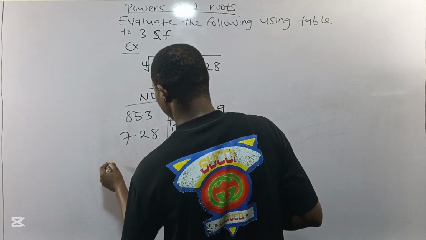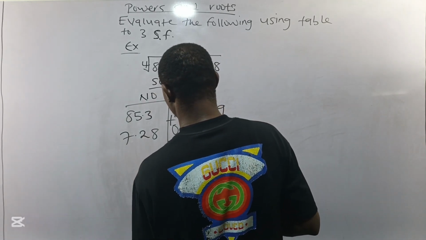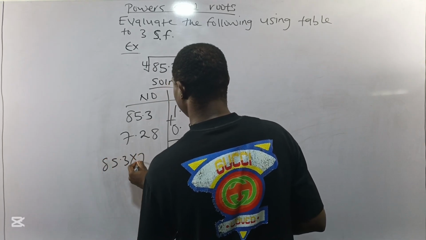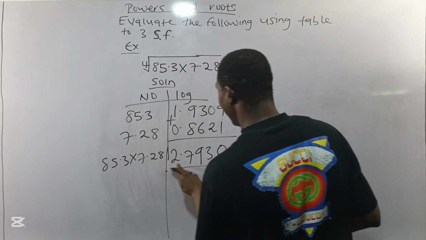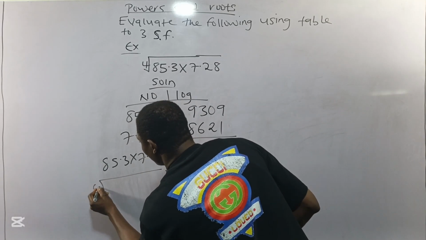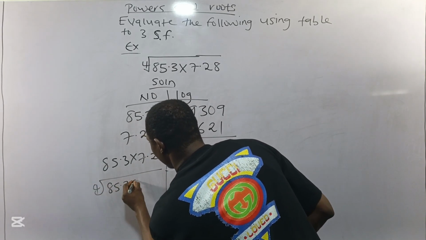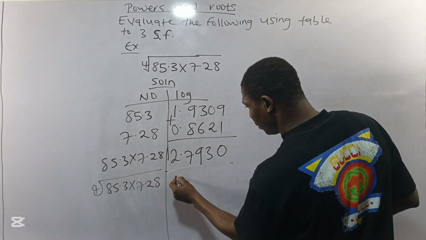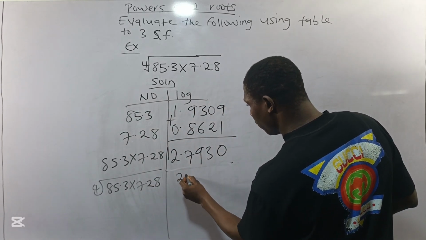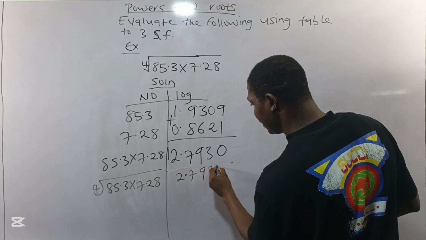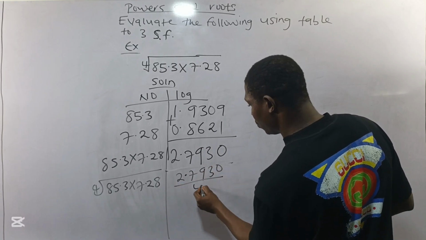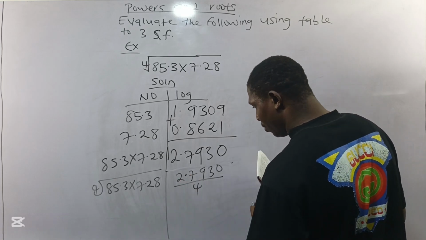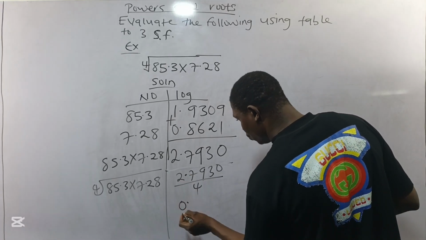Now I'll copy this. This expression here is simply 85.3 times 7.28. Now, if I'm to include my fourth root, I will now have this value: 2.7930 divided by 4. 4 divided by 2 cannot, so you have 0 carry 2.